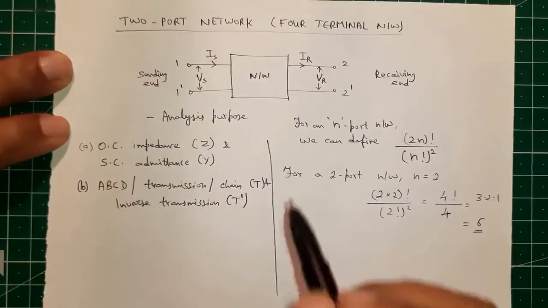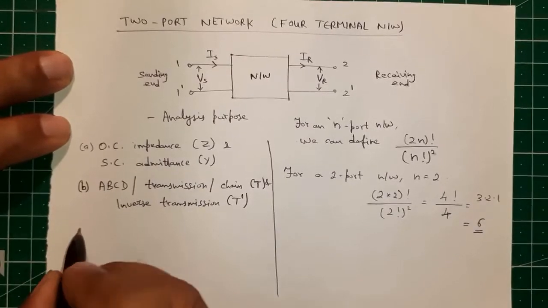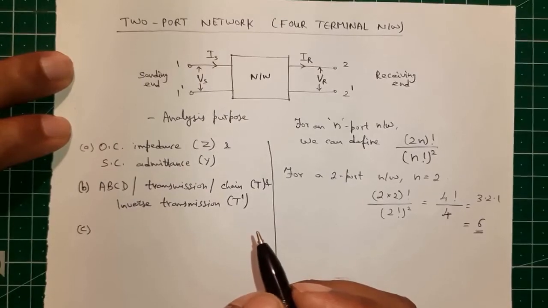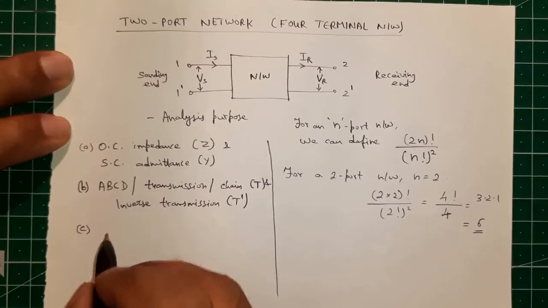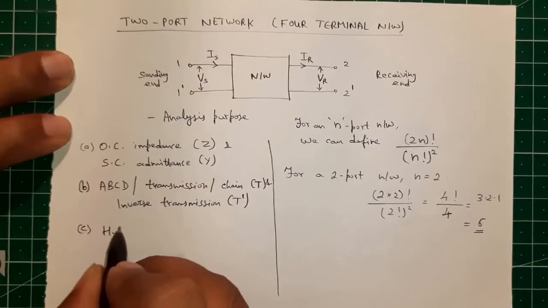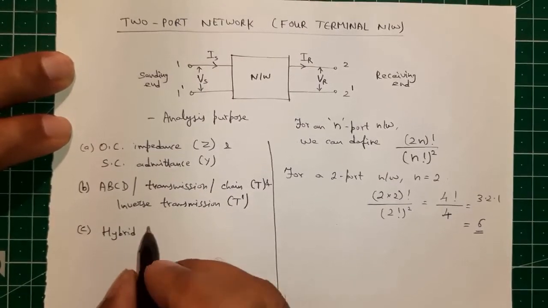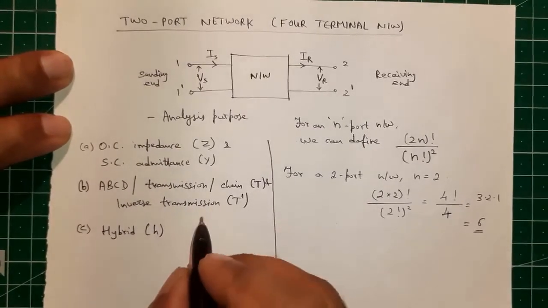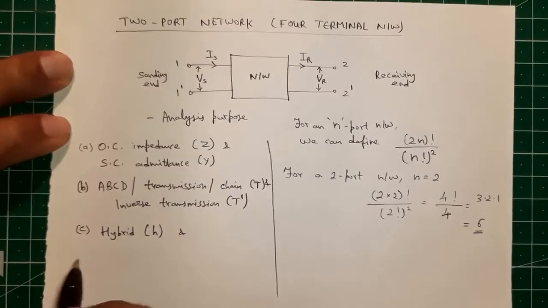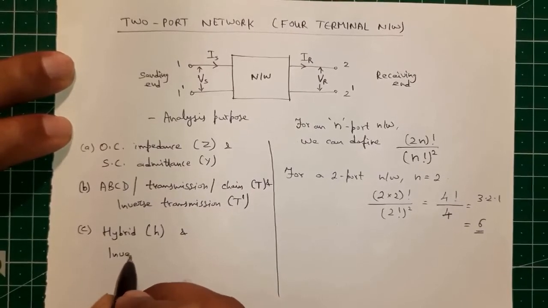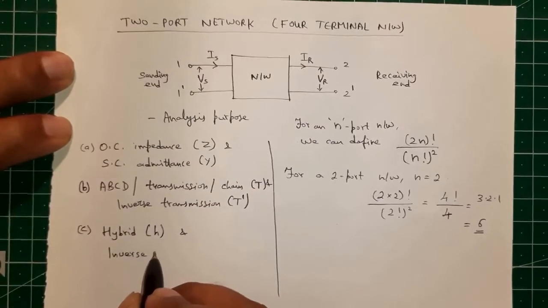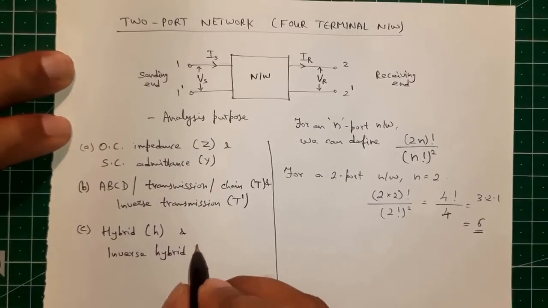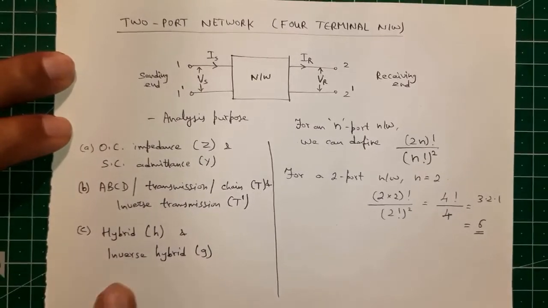So that makes 4 parameters. The 5th parameter is the hybrid parameters or the H parameters. You may be familiar with this. And the inverse hybrid or the G parameters, the 6th one.